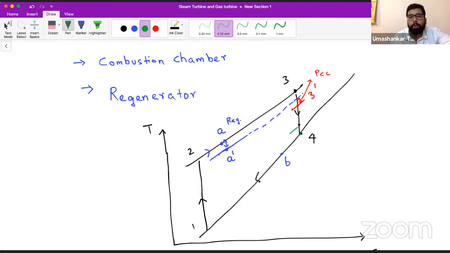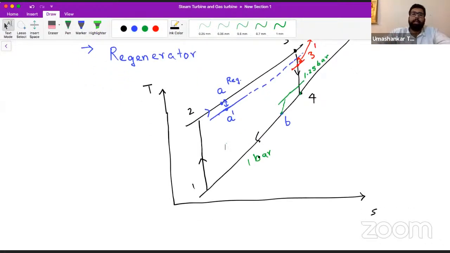So if this is 1 bar, and let's say 0.25 bar is going to be lost in the regenerator section, we expand it not to 1 bar but to 1.25 bar, so that this B point can be reached in the regenerator and you can complete your cycle.